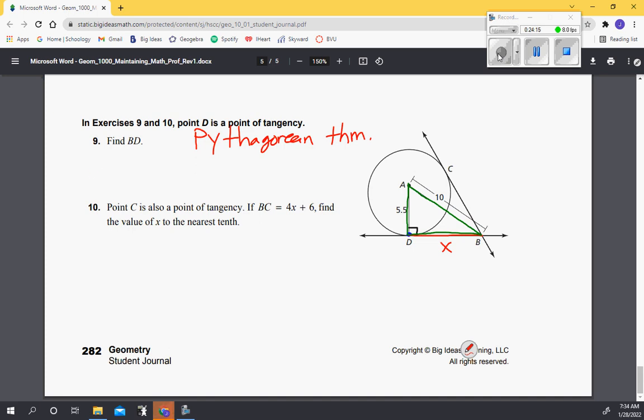Remember, Pythagorean theorem is c squared equals a squared plus b squared. And our c is a length 10. So 10 squared is equal to, and it doesn't matter which one we choose, 5.5 squared plus x squared.